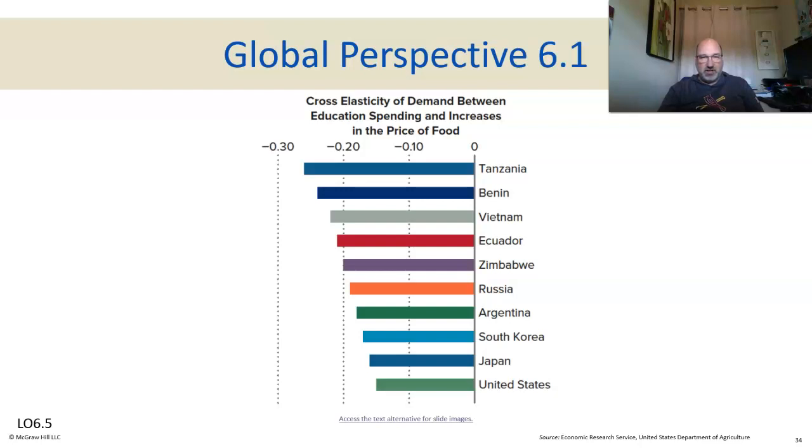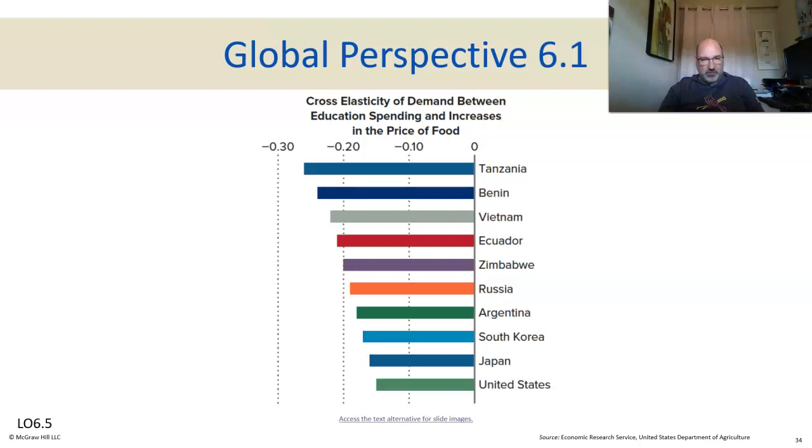So, cross price elasticity between education spending and increases in the price of food. Notice Tanzania, it's negative. So these are complements. That's like negative 2.5. Benin, negative 2.3 or so. Vietnam, close to like 2.1, 2.2.